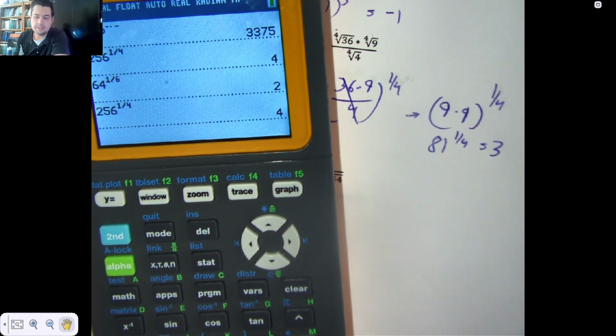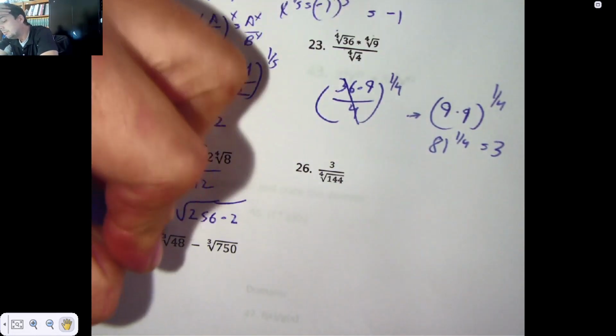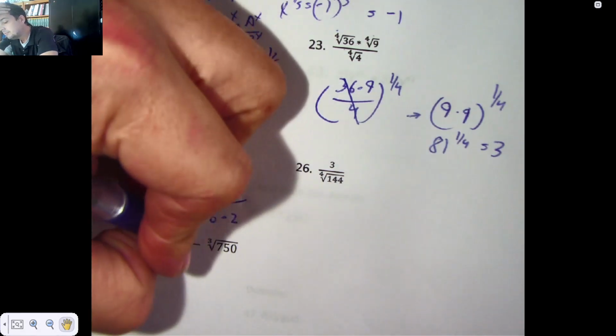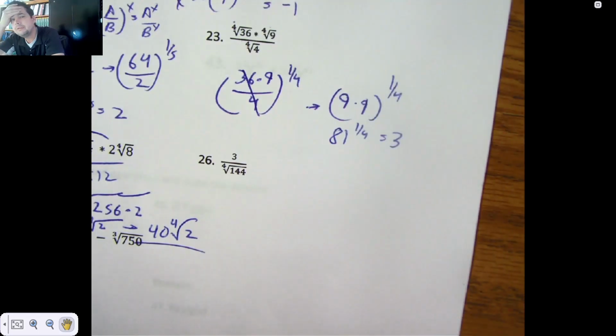And it is. So I evaluate a piece of it. I bring that out front. I evaluated the 4th root of 256, and I'm left with the 4th root of 2. 10 times 4 is 40. 40 4th roots of 2. Fully simplified answer. We got here 3 over the 4th root of 144.